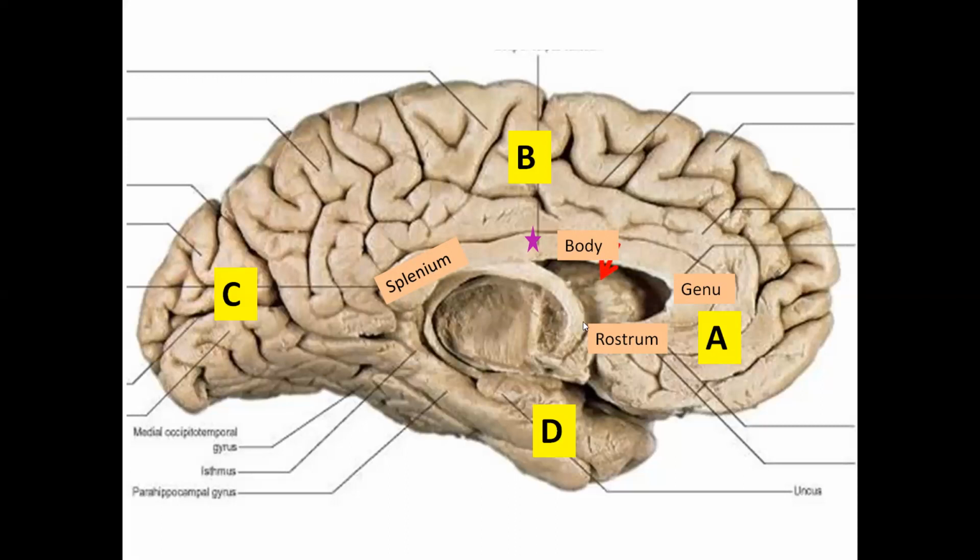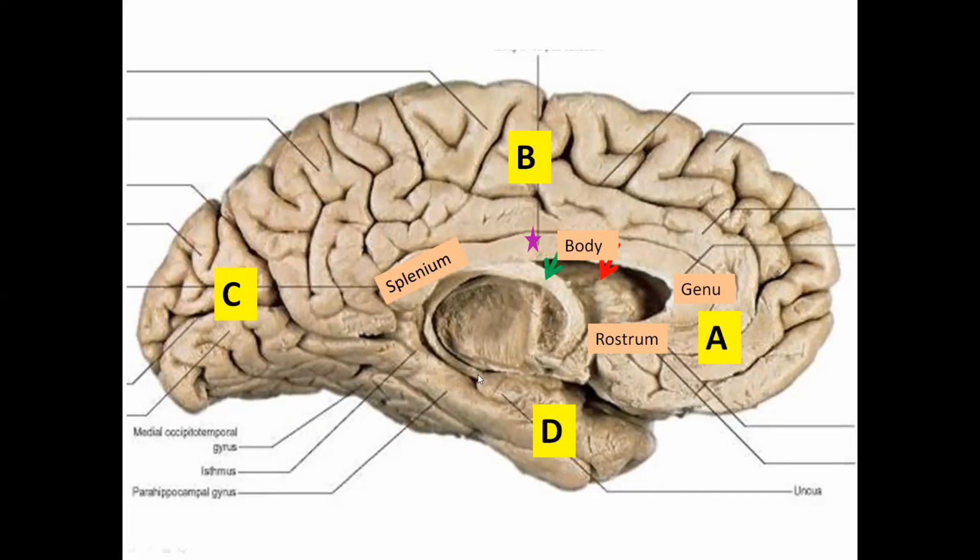The space of this red arrow, that's the lateral ventricle. In the floor of the lateral ventricle, you see a structure bulged out. That's the caudate nucleus. This green arrow is pointing towards the fornix. Fornix, I told you, is a bundle of nerve fiber, white matter.